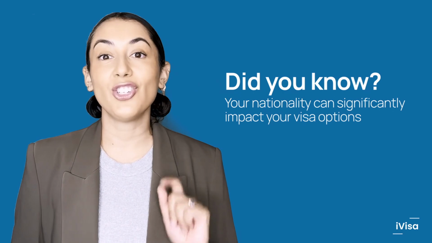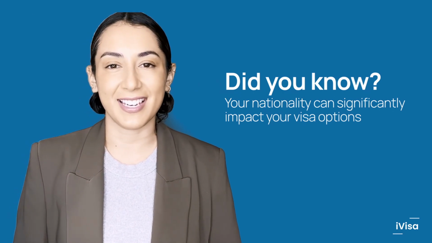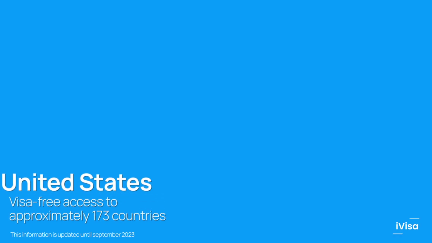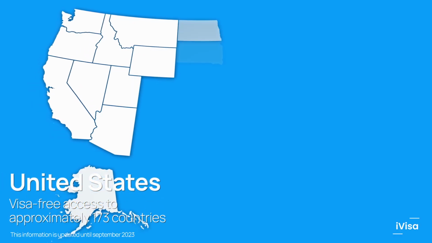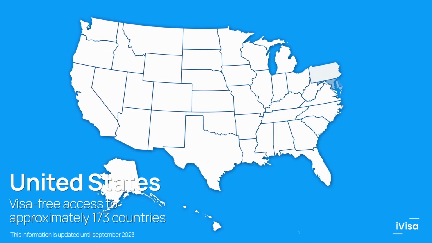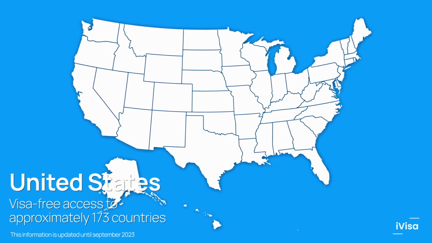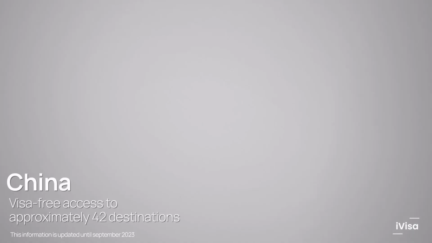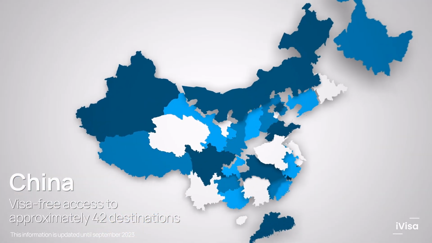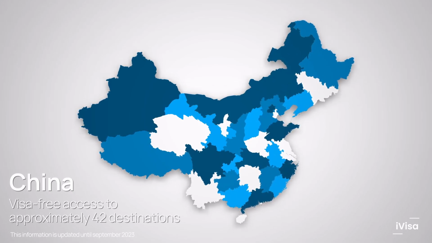Speaking of must-know visa facts, did you know that your nationality can significantly impact your visa options? For instance, citizens of the United States enjoy visa-free access to approximately 173 countries, while citizens of China have free visa access to only around 42 destinations.